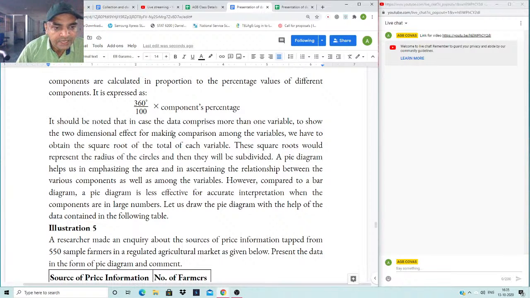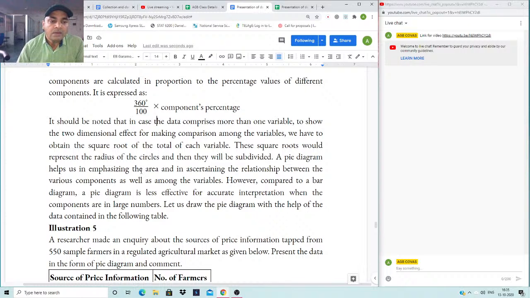It should be noted that in case the data comprises more than one variable, to show a two-dimensional effect for making comparison among the variables, we have to obtain the square root of the total of each variable. This square root would represent the radius of the circle.